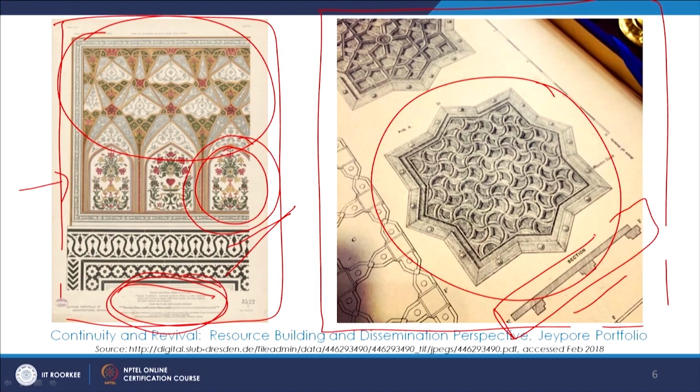So this is a very rich resource, and this is very handy for us to refer to and learn from, and then continue these details later.